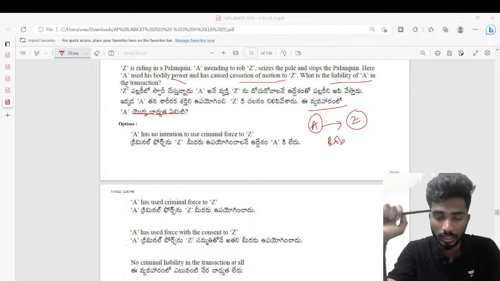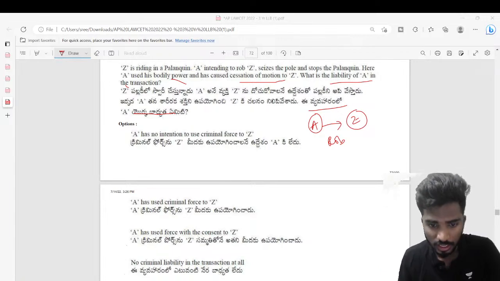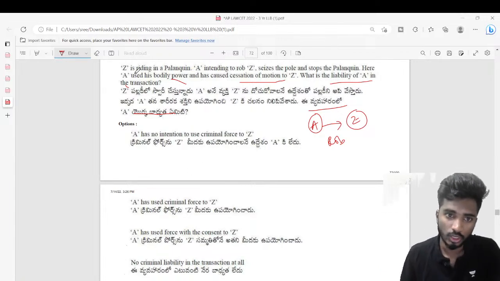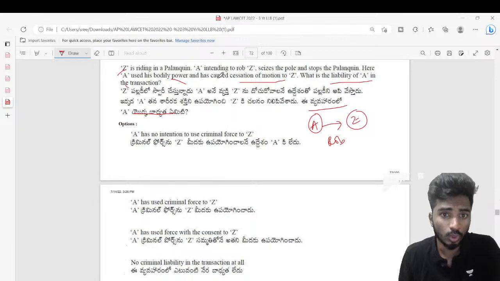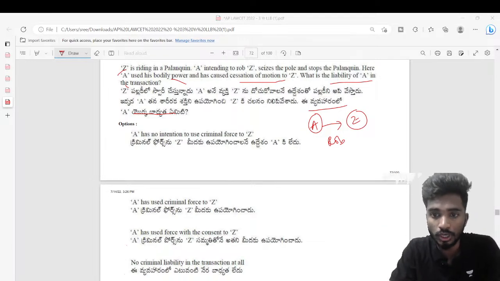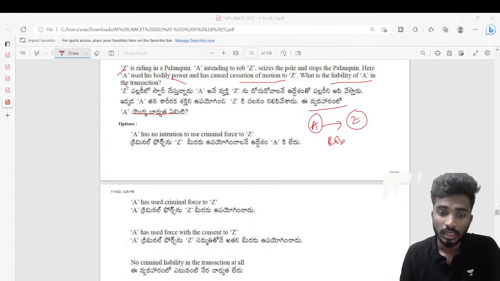So there should be an intention to commit. Very clear that there is intention, right? Intention ఉంది. And second thing, attempt కూడా ఉంది, right? Attempt and accomplishment. So అతని పవర్ని యూజ్ చేసి he actually stopped Z from moving. Cessation of movement, motion to Z అంటే Z ని కదలకుండా he has stopped, right? So that is why A has used criminal force, right?